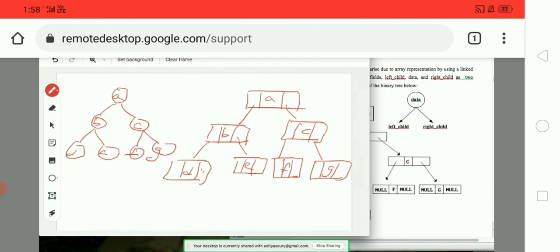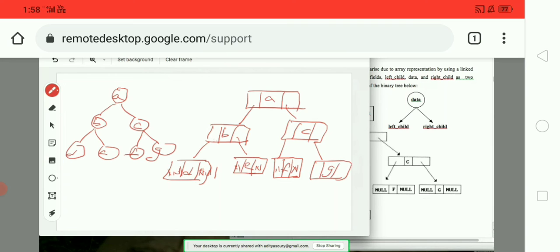The empty blocks we have to fill with null values. If a node has a child, we have to give the address. If it is a leaf node, then we give null values, because we are not storing the address of another node.